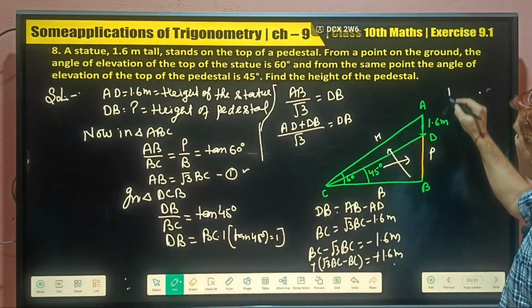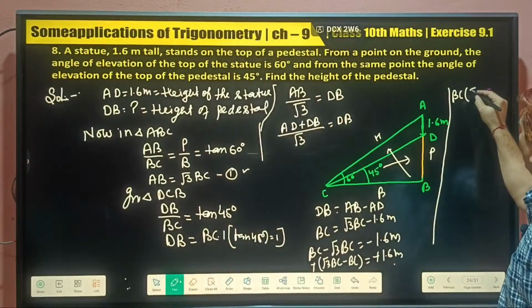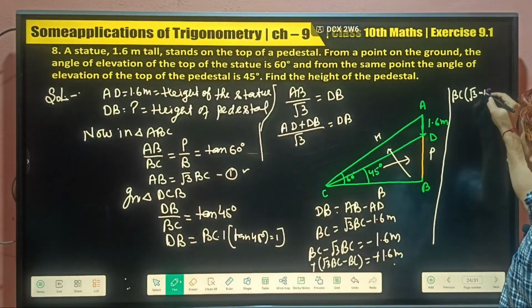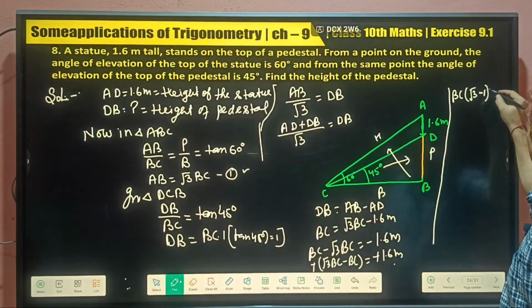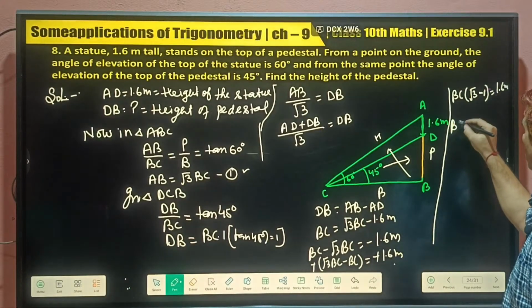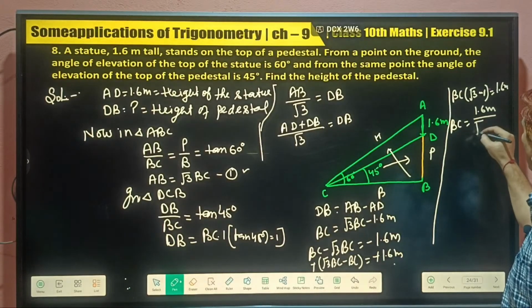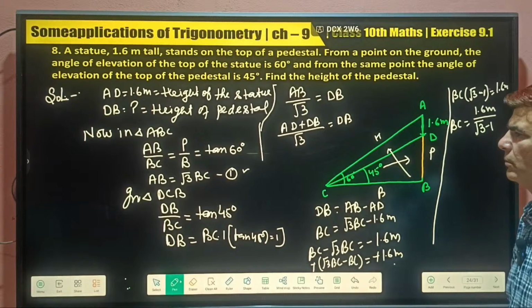We have taken BC common. Root 3 minus 1 is equal to 1.6 meter. So BC equals 1.6 meter by root 3 minus 1.